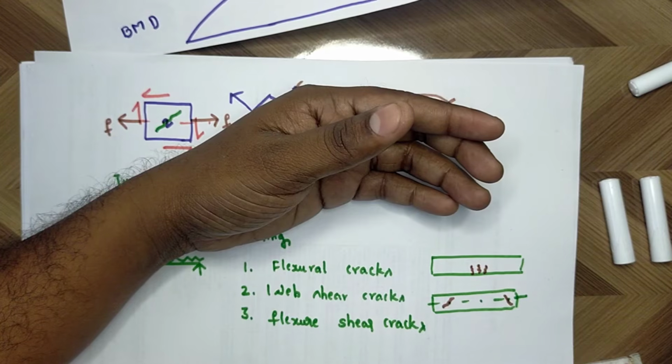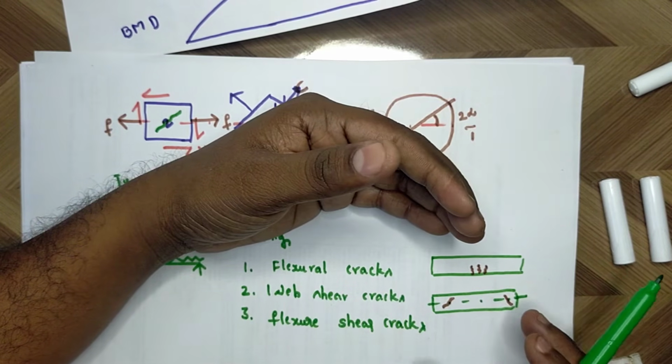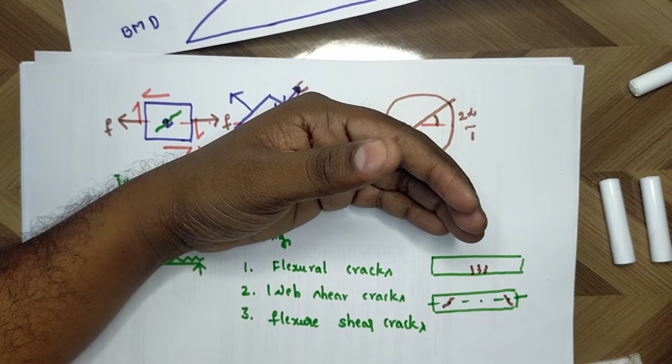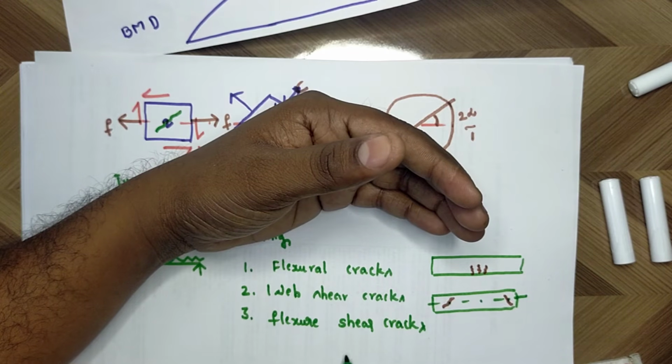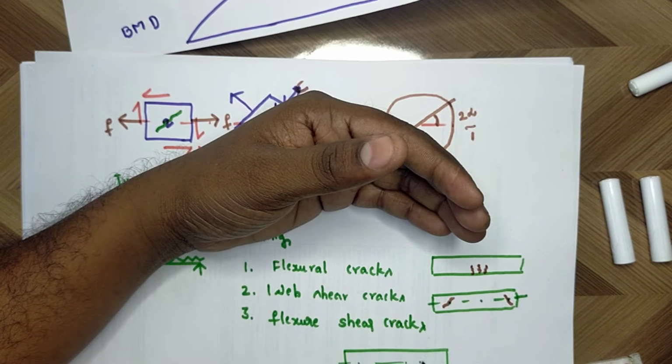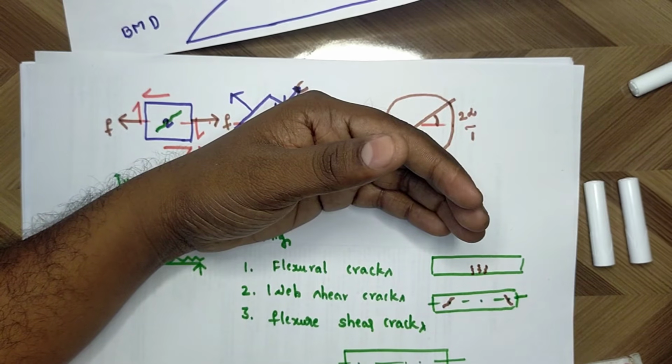Third one, flexure shear cracks. Flexure shear cracks form at the bottom due to flexure and propagate due to both flexure and shear. Suppose this is the beam. Initially, flexural cracks will develop.